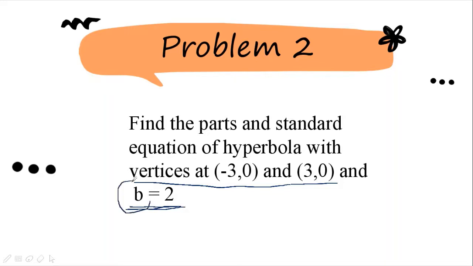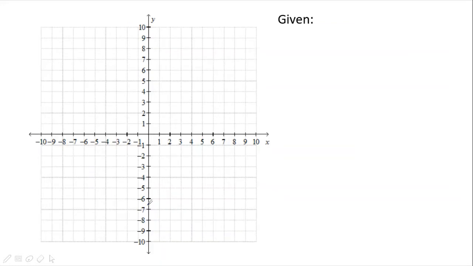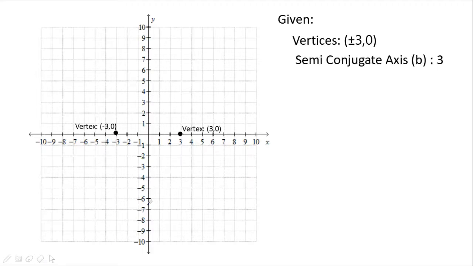Again, when we say b, this is the distance from the center to the co-vertex. Always remember that. First, we plot the given. Vertex 1 is (-3, 0). Vertex 2 is (3, 0).